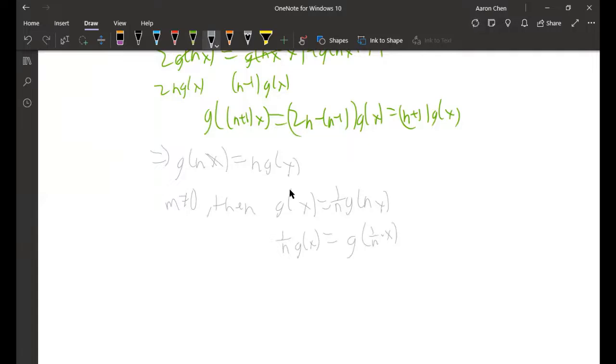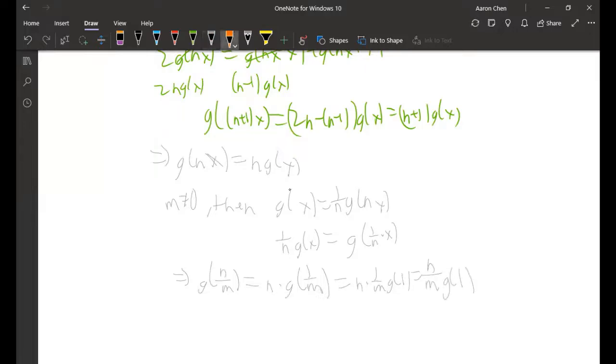And so what that would imply is that g of n over m is equal to n times g of 1 over m. And so this is equal to n times 1 over m of g of 1, or n over m g of 1.